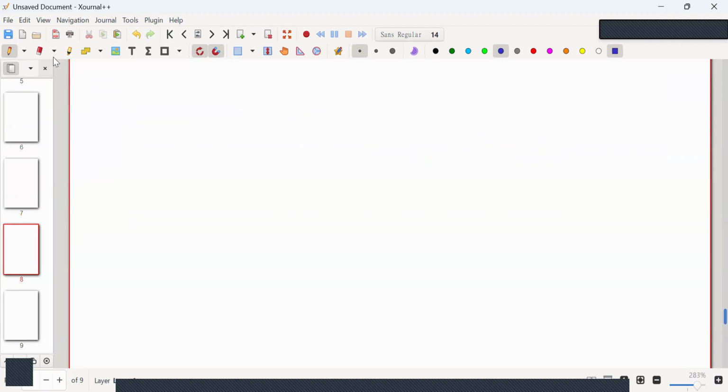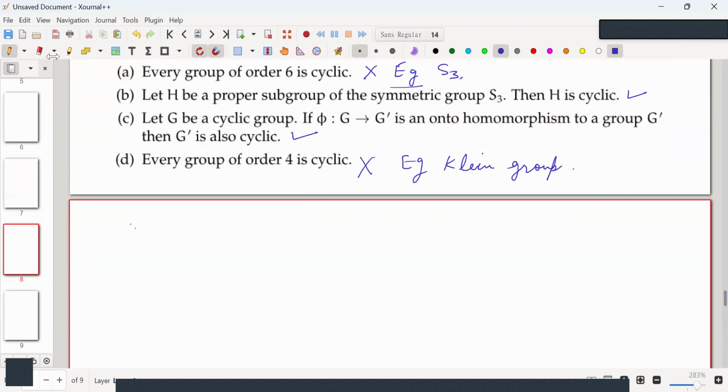If you look at some of the lecture notes, then I have already told you why. If you have a prime, then you take any non-identity element. I think that will generate the entire group.